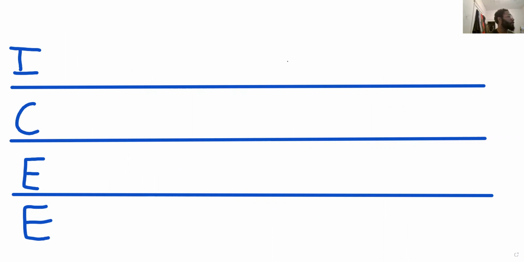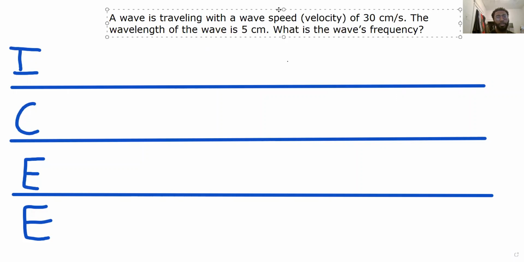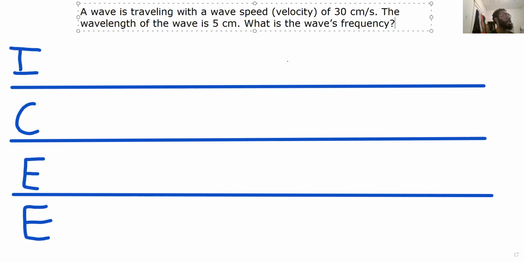All right. So let's go ahead and solve for, well, let's solve for frequency first. All right. So we got the same problem set up.